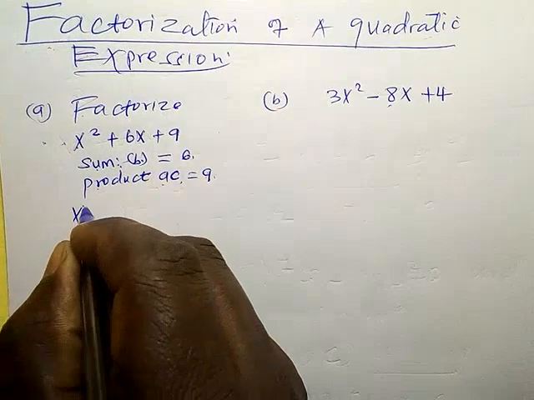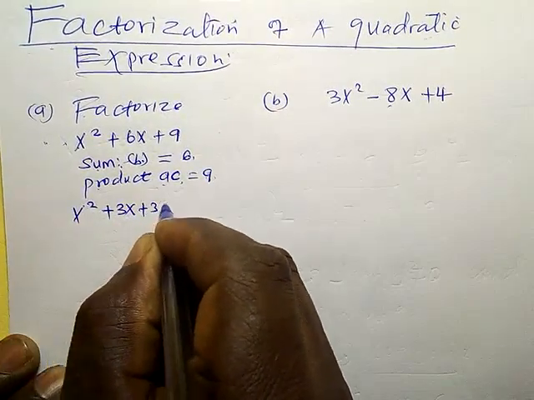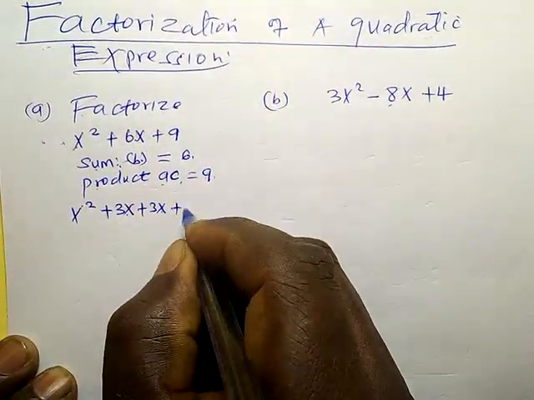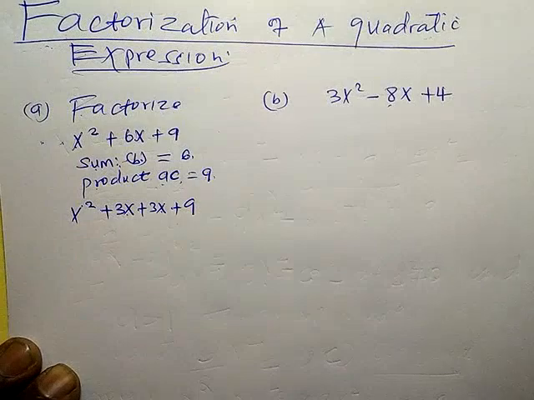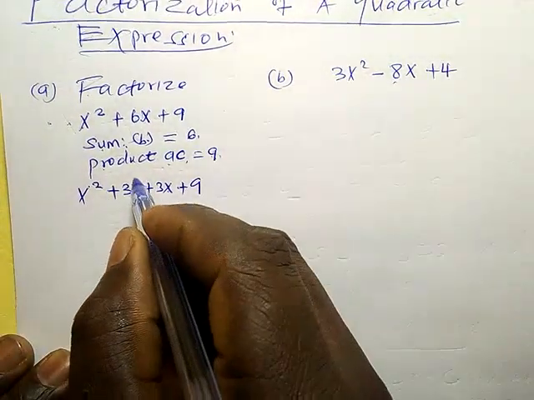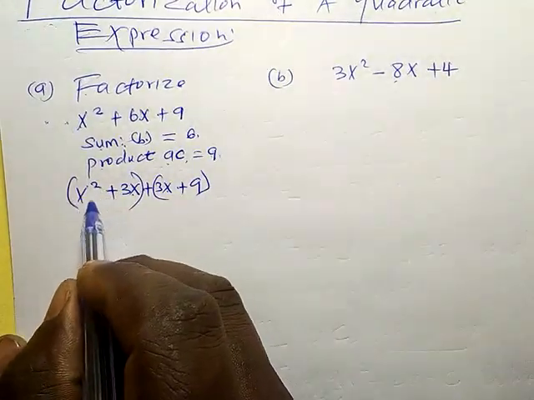Therefore, x squared plus 3x plus 3x, which gives us 6x, and then plus 9. Once we have obtained our numbers, we group this into 2 like this. Now look for the common factor.